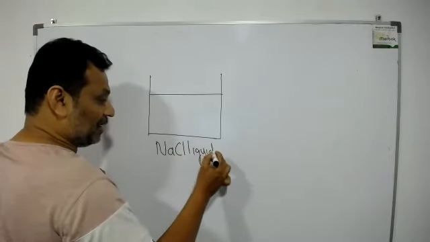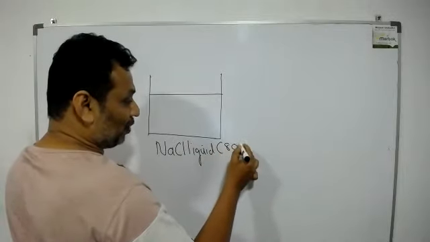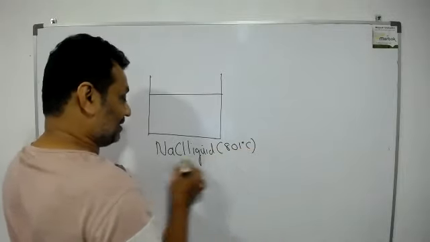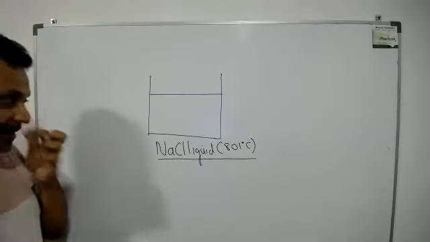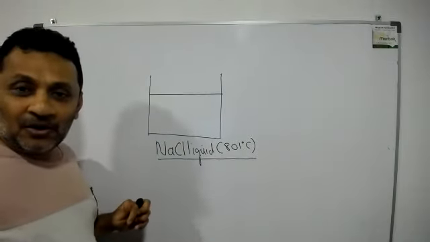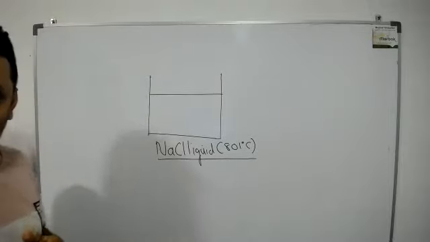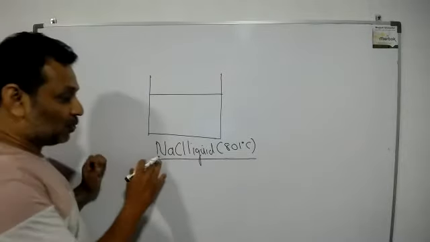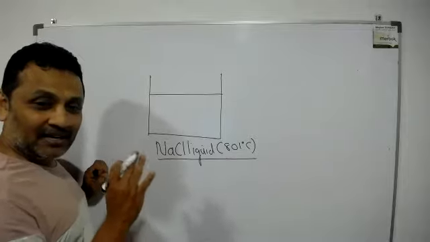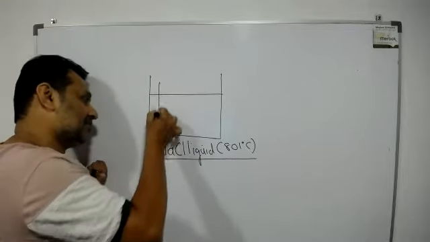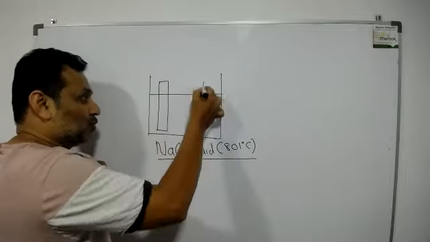Actually, it will be liquid at 801 degrees Celsius. Not easy to do in the school laboratories. Sodium chloride liquid means what temperature? 800 degrees Celsius.